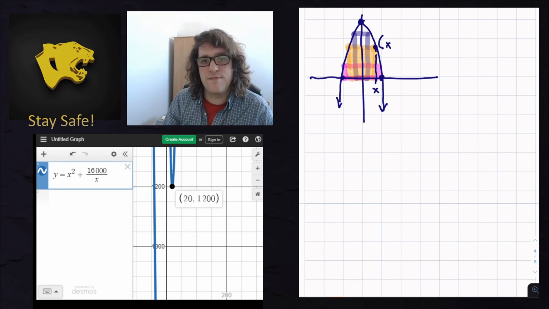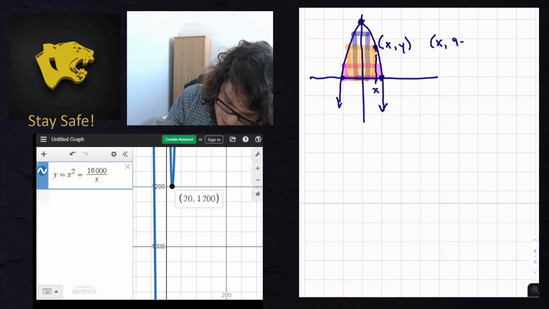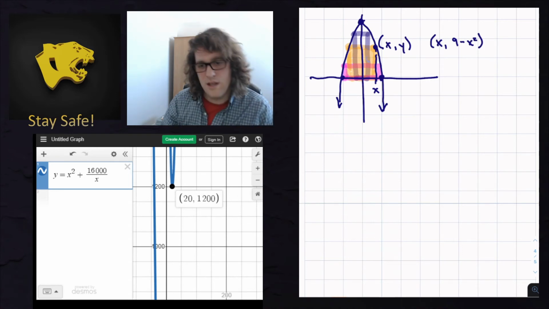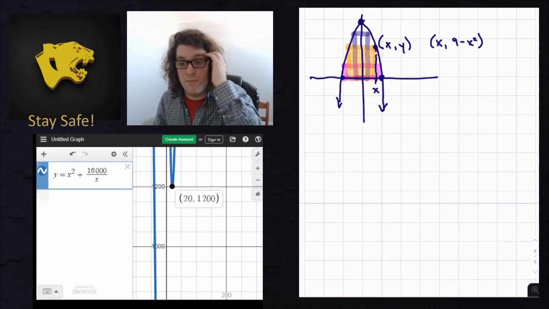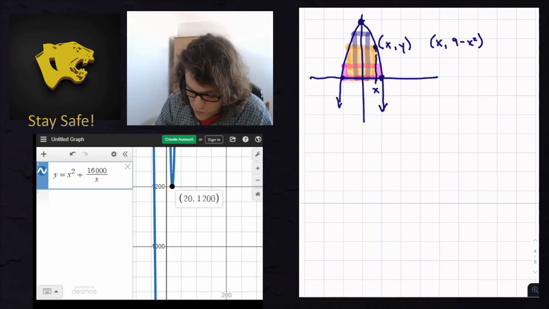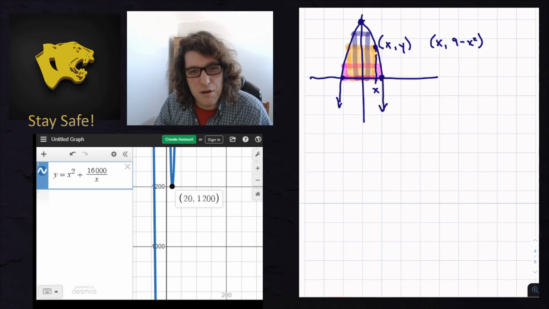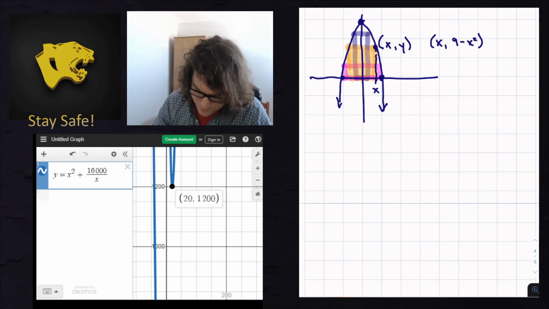It depends on the x value, but that parabola's y value is actually already in the question described in terms of x. The word problem tells us 9 minus x squared is the y value of that parabola. So that's the y value of the point that touches the corner of that rectangle. So we get x comma 9 minus x squared.